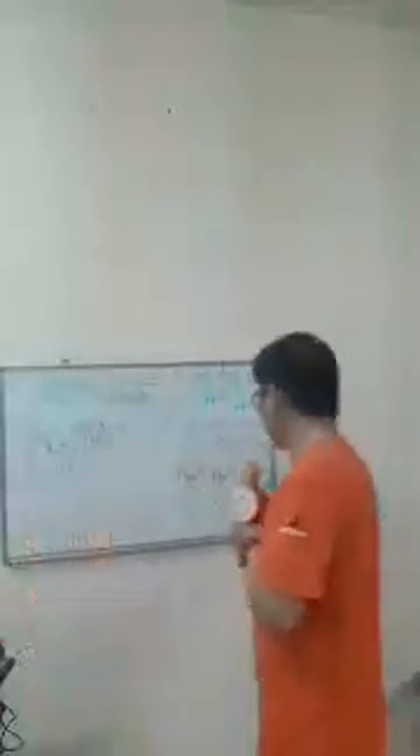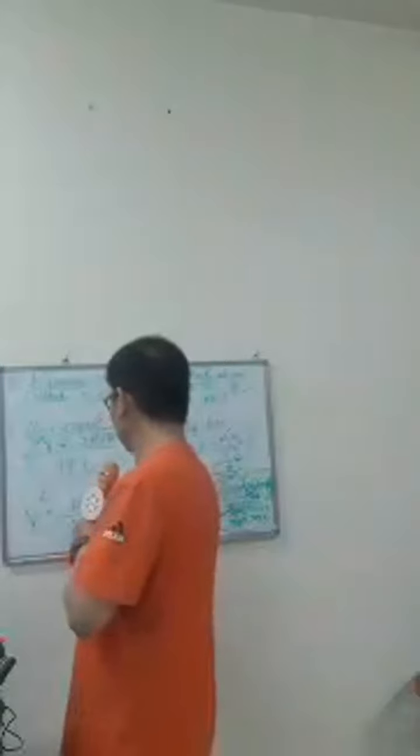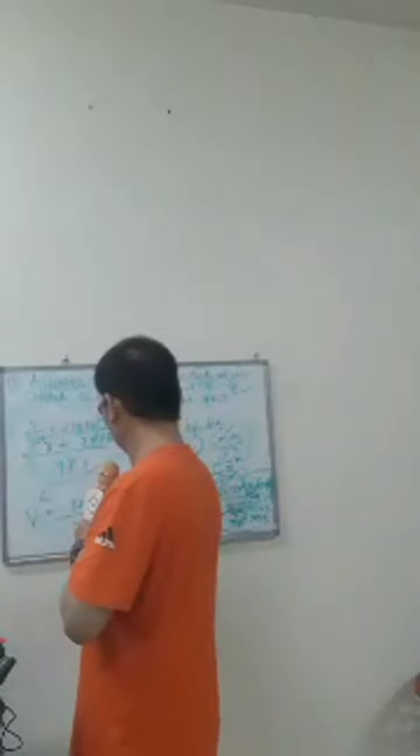So V squared is equal to 1.00 times 10 to the negative 7 over this, which is V plus 2.45 times 10 to the 7 over 98.1.